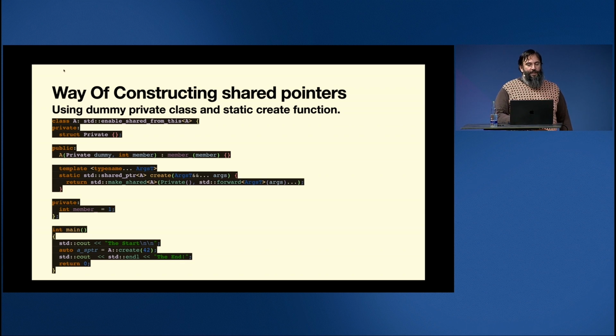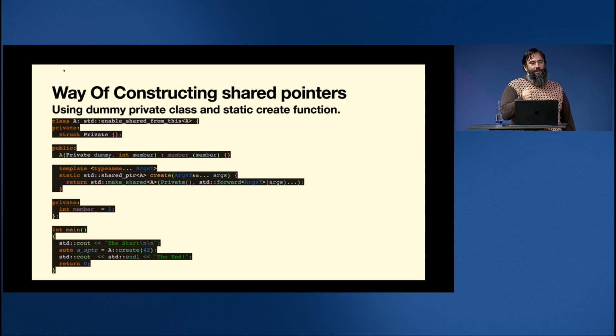Well, we can add a dummy object to the public constructor, and this dummy object we can take as a private type of my class. So nobody else is allowed to construct that dummy input parameter to the constructor because it's private to my class. So only my class can create itself.